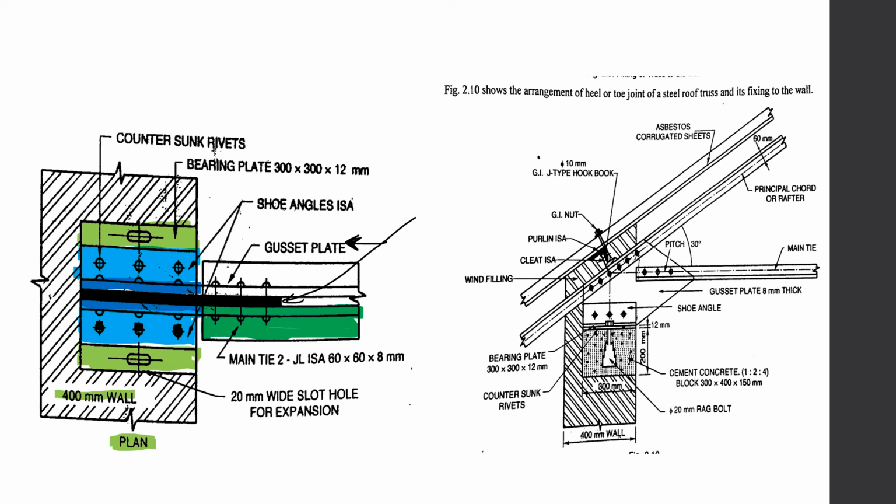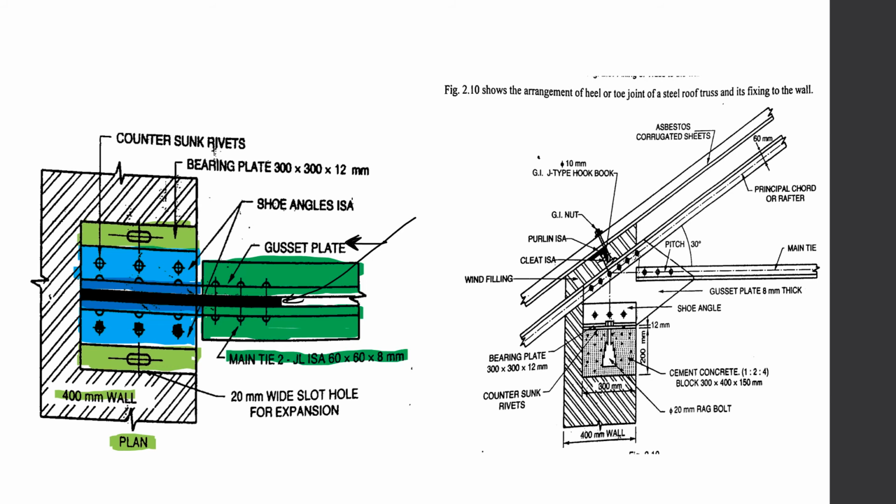These are also two angles which have been fixed on both sides of the gusset plate using these bolts. So the gusset plate is the thing which is holding all the different members together, and it is acting like a tie for all these. And this is the main tie.